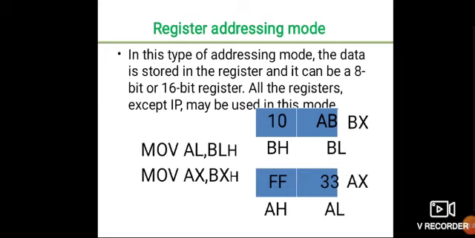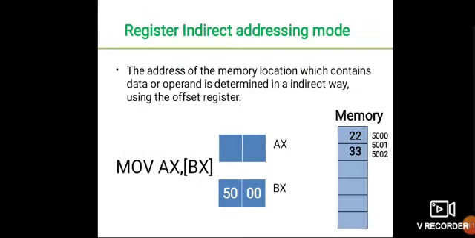In BX you have 10AB and when I execute this instruction, the 10AB will move into the AX, overwriting the previous content. The very important thing to be noted over here is all the registers can be used except the instruction pointer.